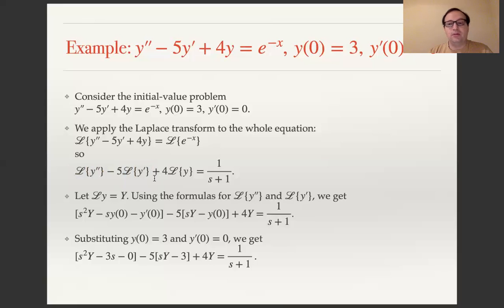So we can reduce everything to the Laplace transform of y, because this is a linear equation. So if we had something like y squared, the Laplace transform of y squared is harder to express in terms of the Laplace transform of y.